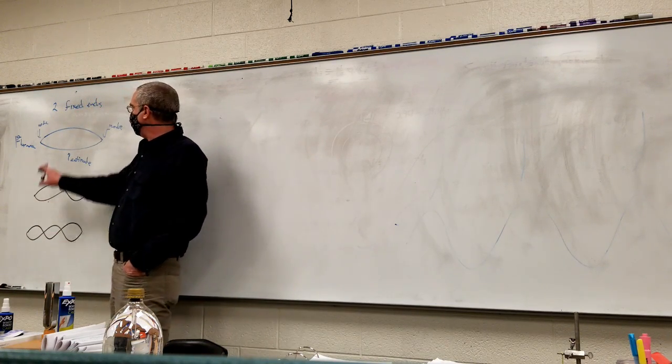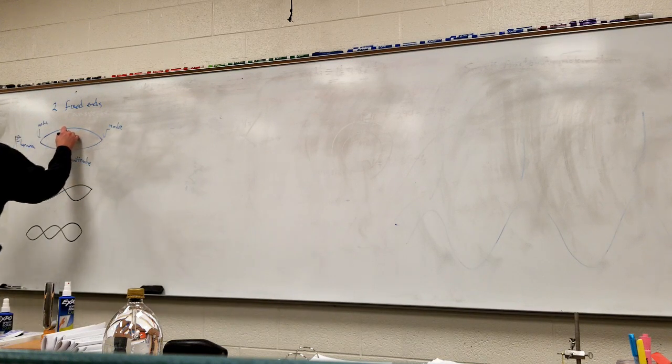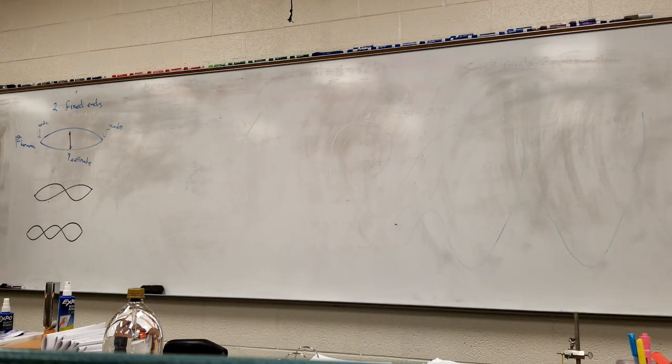Now recognize, even though I have them drawn sort of like that, this is vibrating back and forth. And you can experience this on Thursday when you're using the string vibrator and the string's moving back and forth. You potentially are not actually going to see it here in the middle. You'll see the two ends like this because that's the point when it stops and changes direction. But it's moving so fast here, you're not necessarily going to see it here.